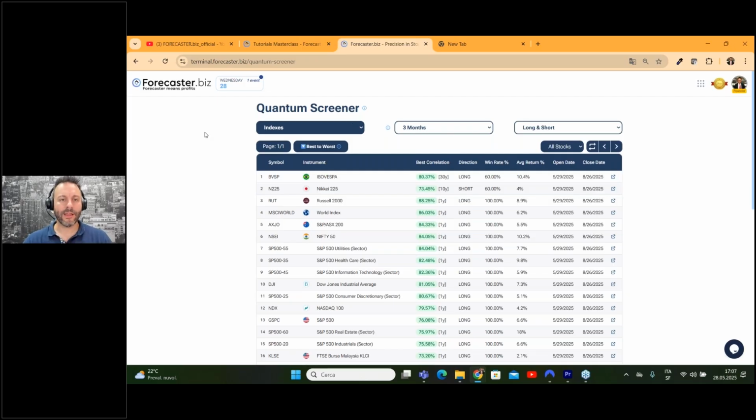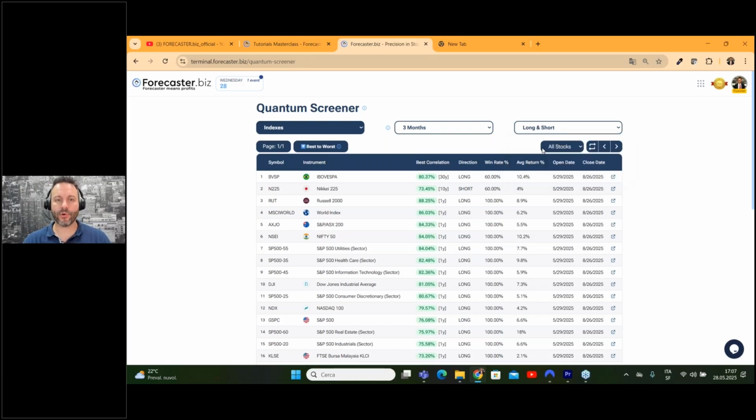for me to be very clear on the explanation. So if you choose indexes and you choose the time frame you would like to trade, for example, let's do 3 months, and you can also choose if you would like to have long or short or both trades.